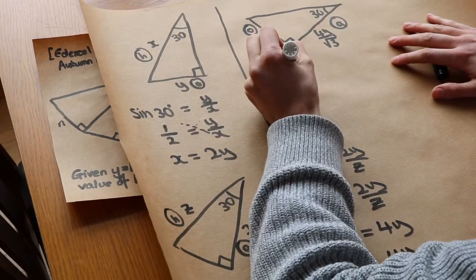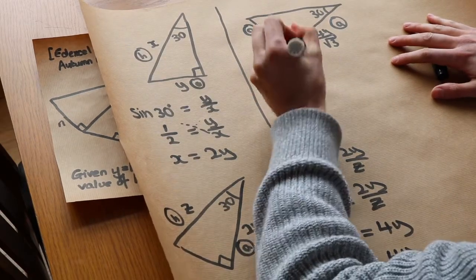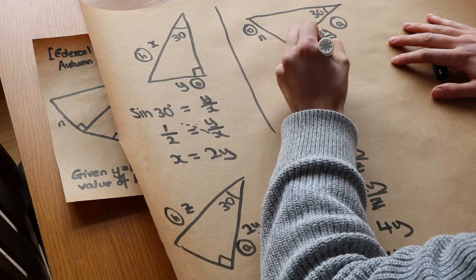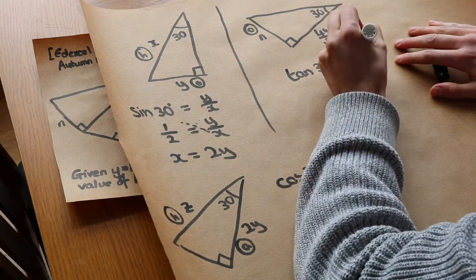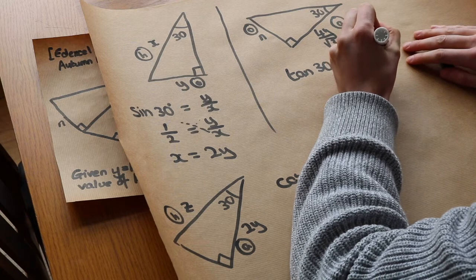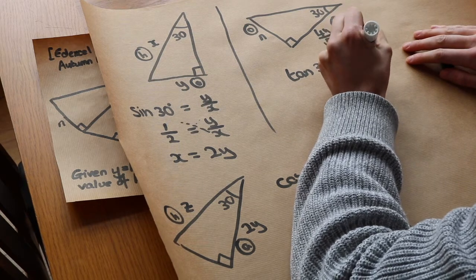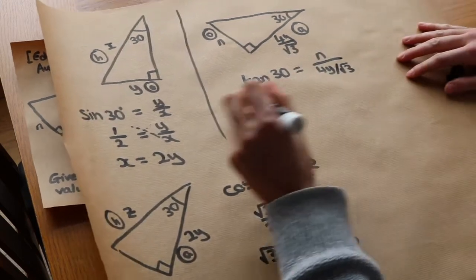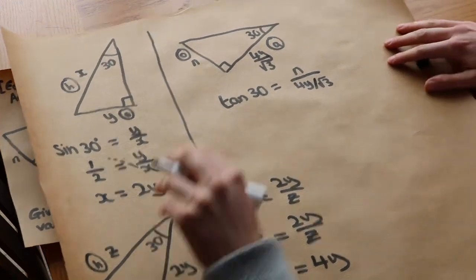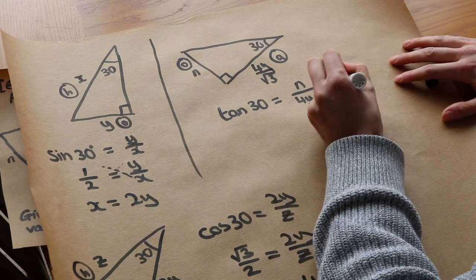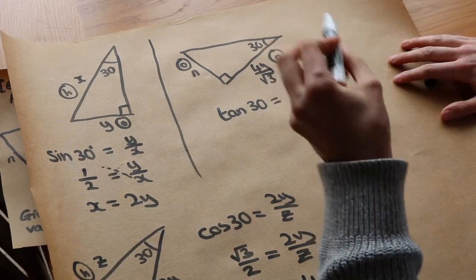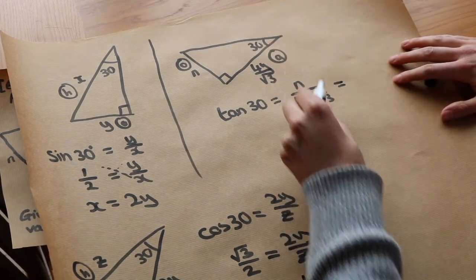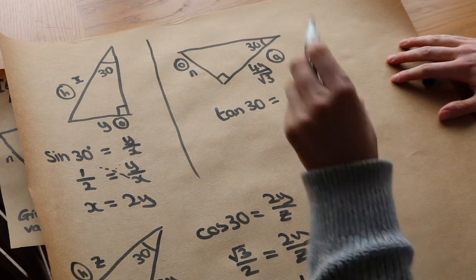So we do tan of 30 is equal to the opposite n over the adjacent, which is 4y over root 3. Now again, we've got a fraction within a fraction, and we don't really like that. So what we do is, as I said before, times the top and bottom of the outer fraction by the denominator of the inner fraction.